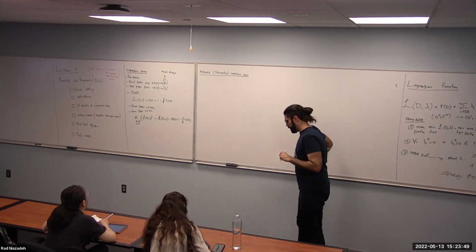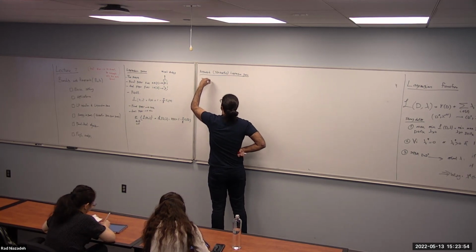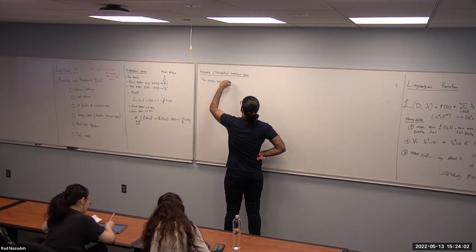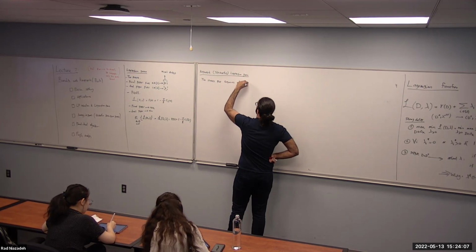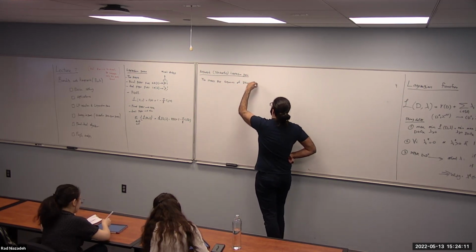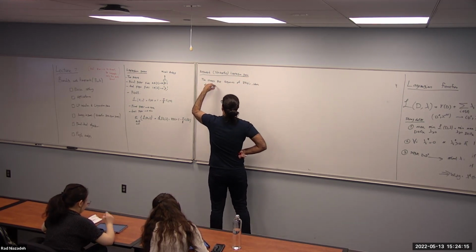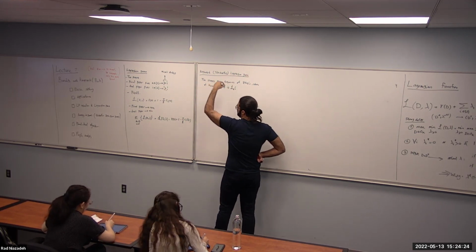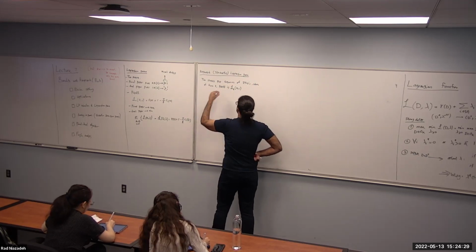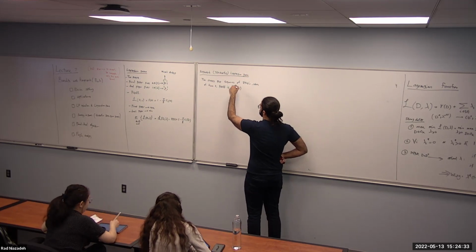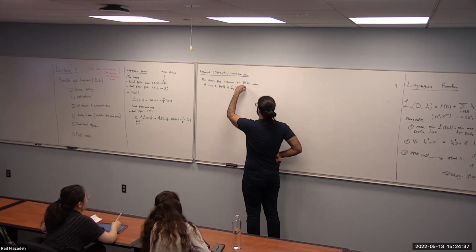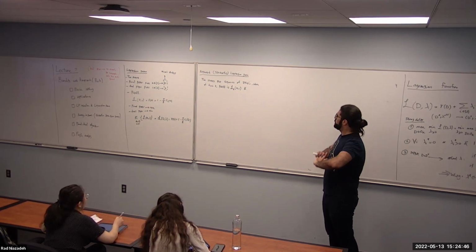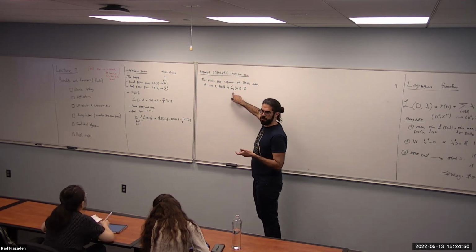So in this version, two players play a sequence of zero-sum games where at time t, the payoff of the game is some L_t of A and I. Think of L_t of A and I as a random variable, meaning that these guys are playing some game, conditioned on the history at each time, and there will be a realization of the payoff vector at time t, let's call that L_t.